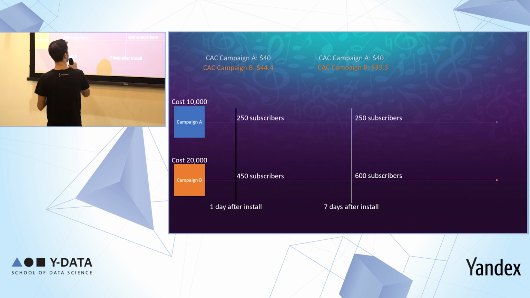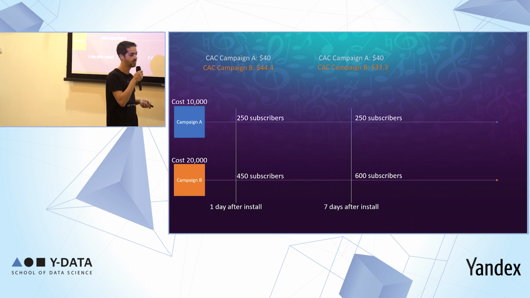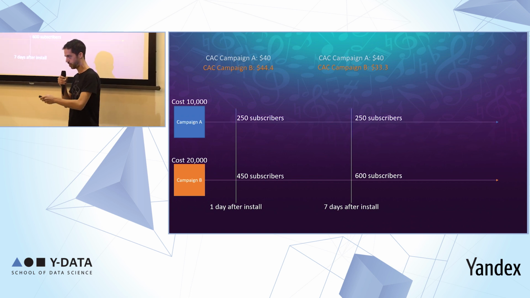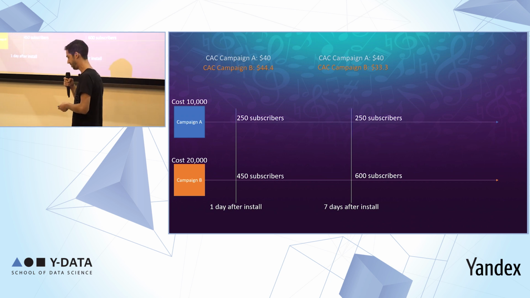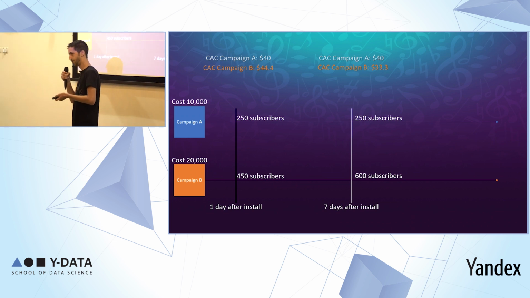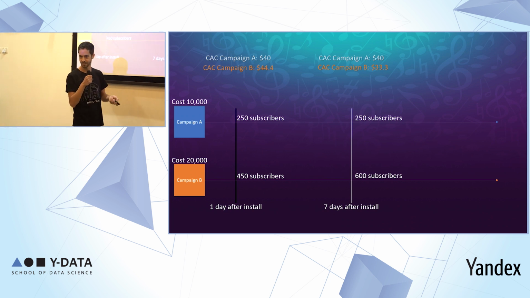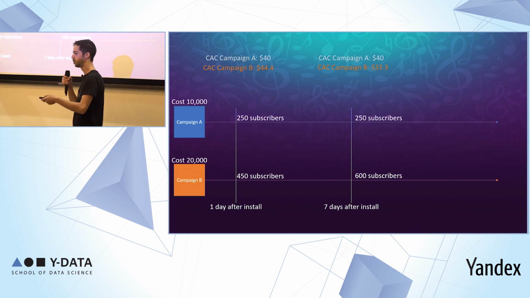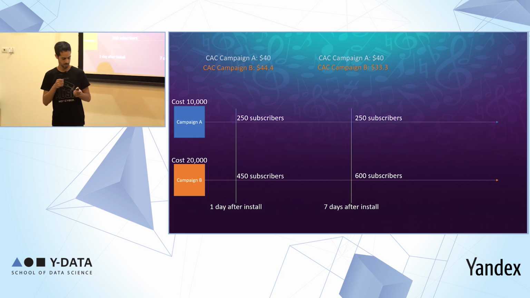So here we would maybe increase the budget for campaign B, but what's the main deal here is that we would have made the wrong choice if we would just judge a campaign a day after the install. However, if we wait 7 days, we will lose a lot of money because the campaign will be running on the days after, and we would have come to the conclusion really, really late.